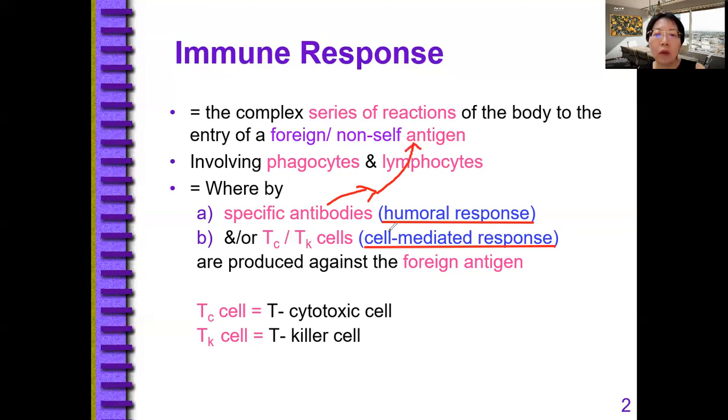In cell-mediated response, it is the cell, which is our TK or TC cell, that will act against our abnormal cell of our body, which carries the non-self antigen. So it is the cell that acts on the non-self antigen, while this is the antibody in the form of liquid that acts on the non-self antigen. So that's why humoral versus cell-mediated.